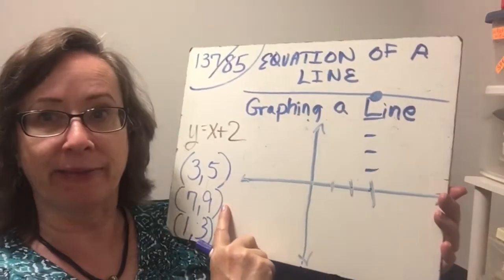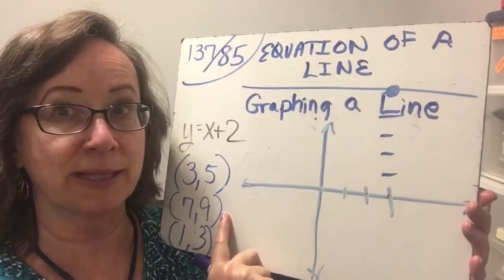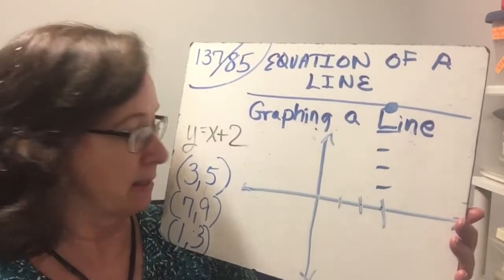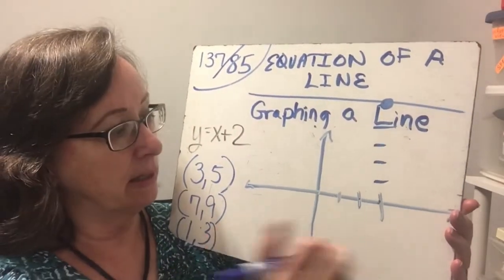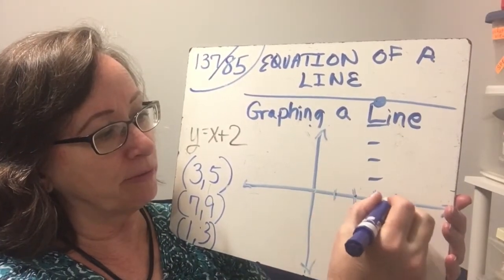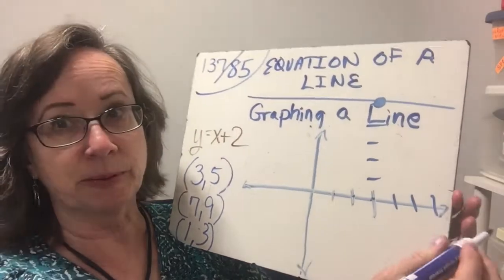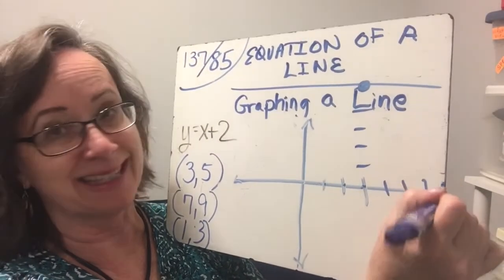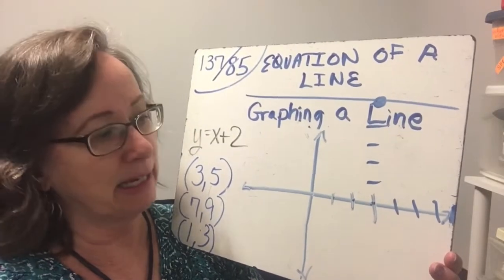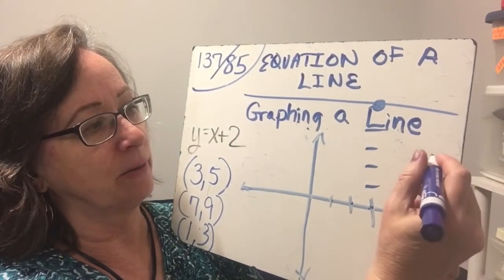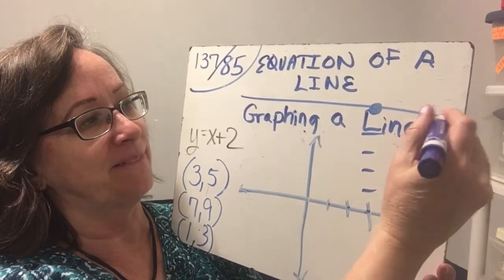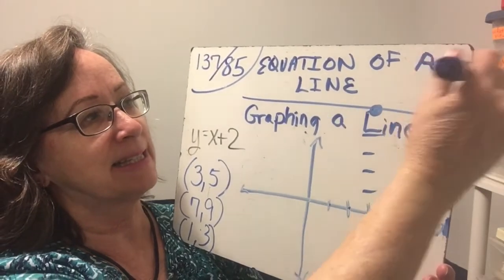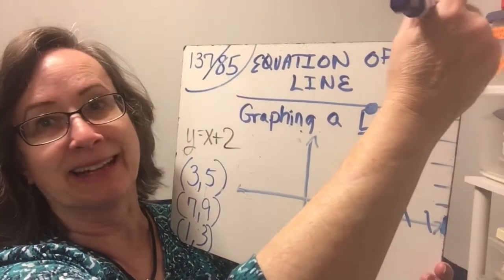So now we're going to plot this other point that we had found was a solution of this line. So 7, 9. So 1, 2, 3, 4, 5, 6. Oops. I'm out of board space, so we're going to just put it right over here on the edge, 7. And then 9 is 1, 2, 3, 4, 5, 6, 7, 8, right there.